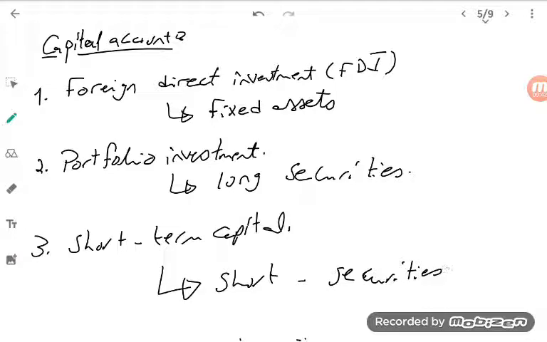These are the three main components of the capital account. We can calculate a number of balances within the balance of payments.